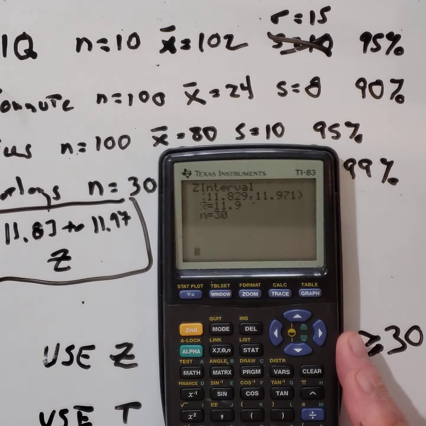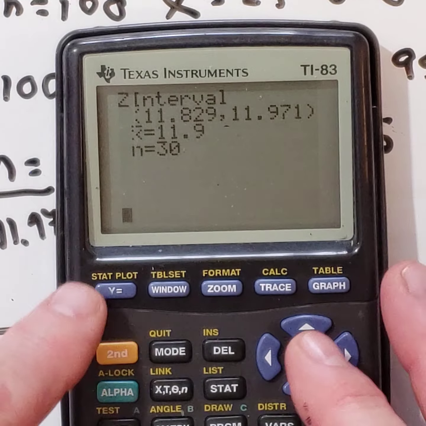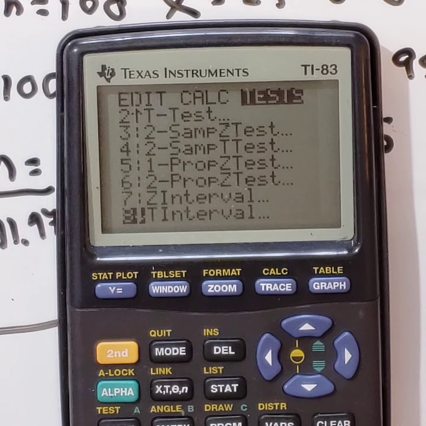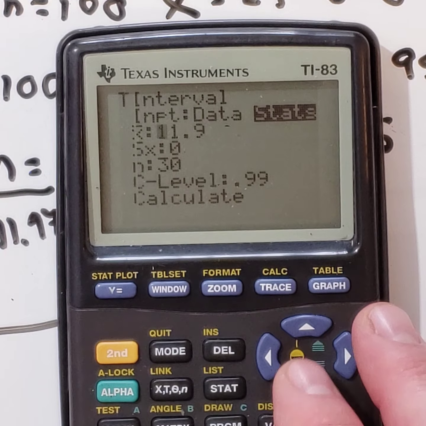Let's look at what happened if we use the t-interval for this. We'll notice a couple things. Go to stat, over to test. Z-interval should be followed immediately by t-interval. So option number 8. We're asked for exactly the same information. Our x bar is 11.9. Our standard deviation is 0.15. Notice this time it's Sx instead of sigma because it's the standard deviation for the sample, not for the population.